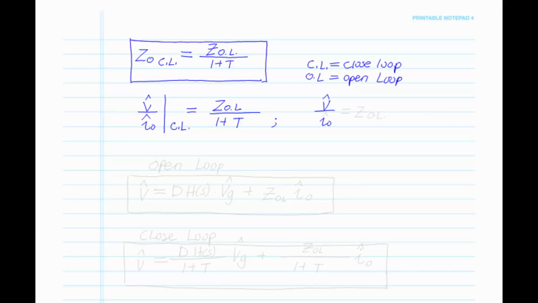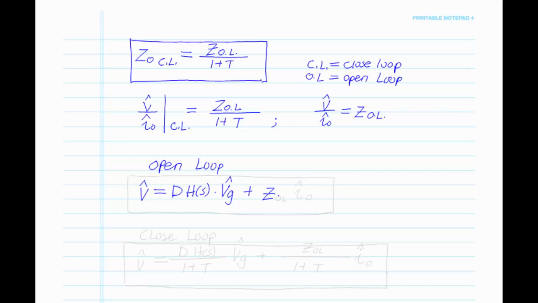So putting everything together, for our open loop, our output voltage is going to be D, H of S, VG hat, plus Z out, ZOL, open loop, IO.